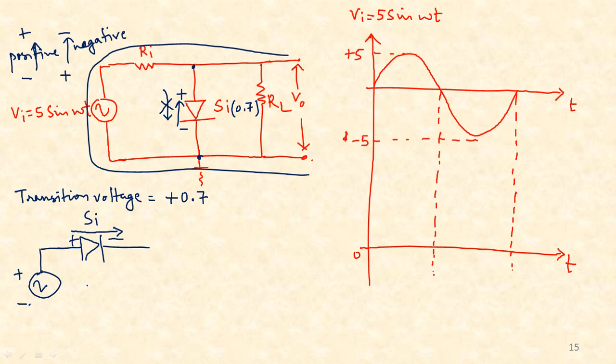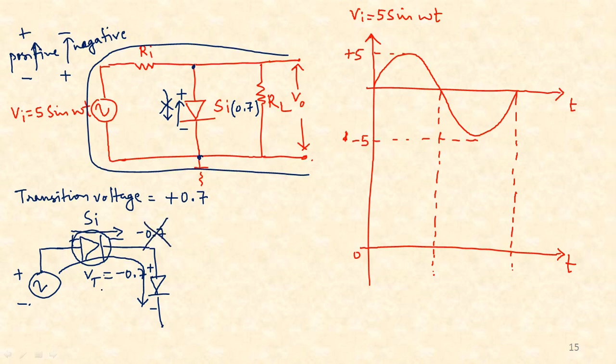Here you are moving from plus to minus, so you considered Vt equal to minus 0.7. Now in the case of parallel clippers, the same diode is kept in parallel. You are not supposed to analyze it by coming round. If you trace like this, then it will be plus minus, and as per this convention your transition voltage will be minus 0.7.